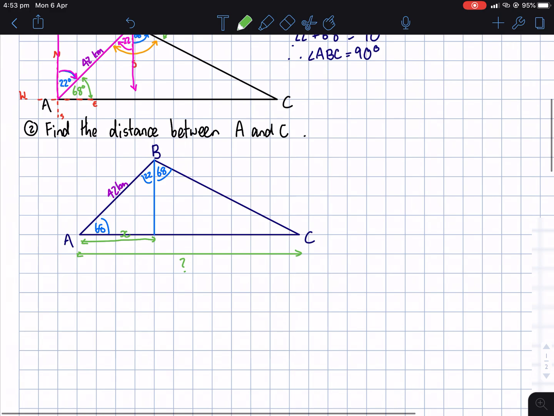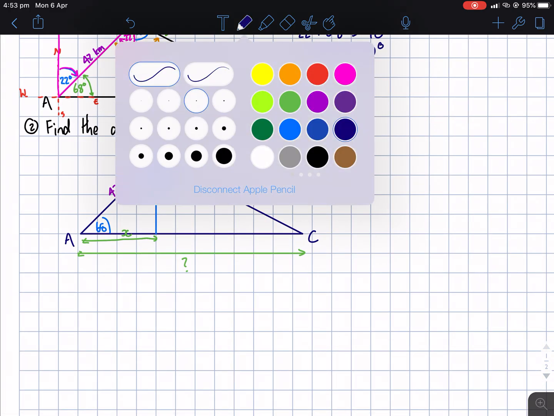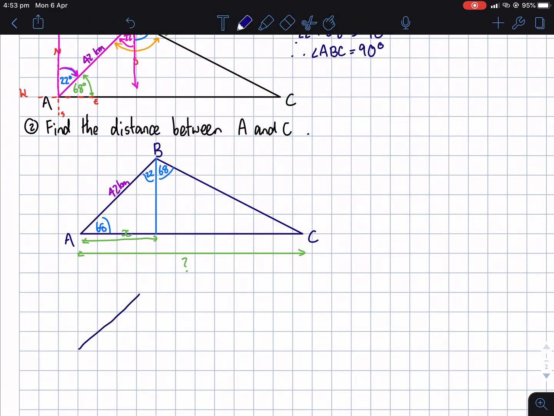So if I have a look at that triangle with x in it, then I've essentially got x, 42 and this is 68. I can find x because I know this is a right angle, because that was going directly south. So I can find x because cos 68 equals x on 42.